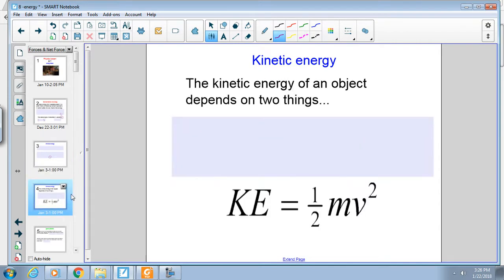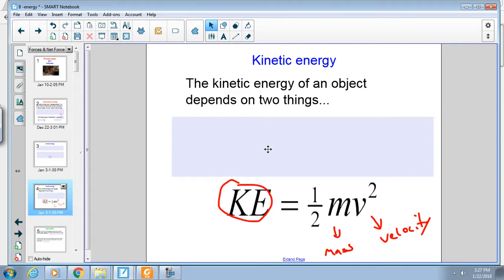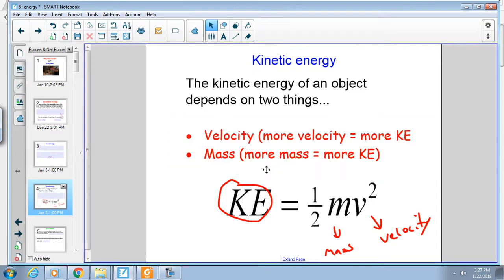Our kinetic energy formula: kinetic energy is 1/2 our mass times our velocity squared. That means kinetic energy depends on mass and velocity. The more velocity, the more kinetic energy. The more mass, the more kinetic energy.